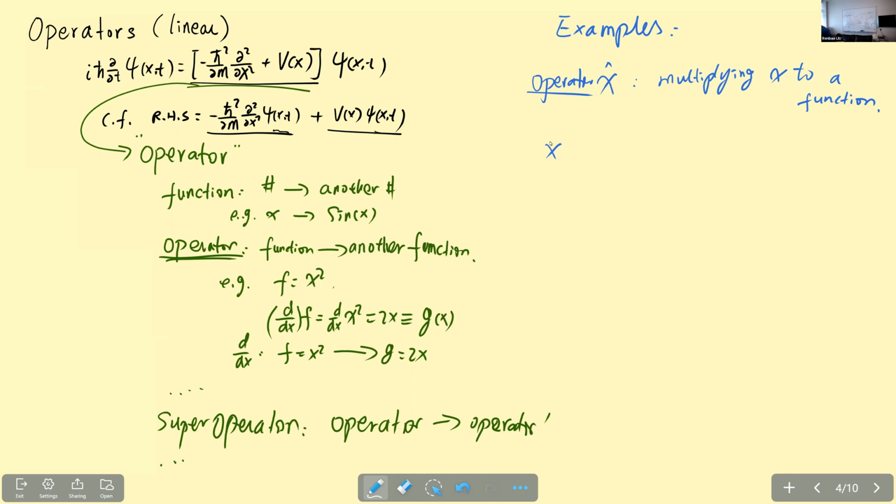That means X multiplied by a function will give you X times f(x). Very simple, right? So this is very easy. So I put a little hat right here as an indication, okay.